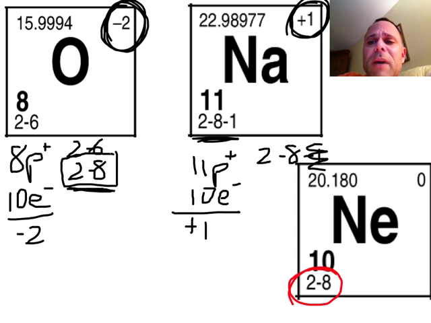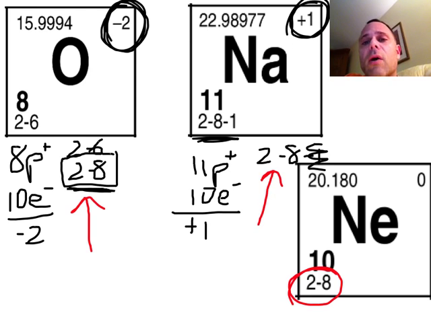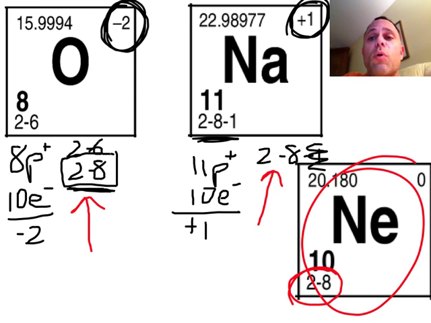So in inspecting the electron configurations after they ionize, which element do they now resemble? Well, it resembles neon, which is a noble gas. So we could extend that statement and say that every element would like to achieve the electron configuration that resembles a noble gas.